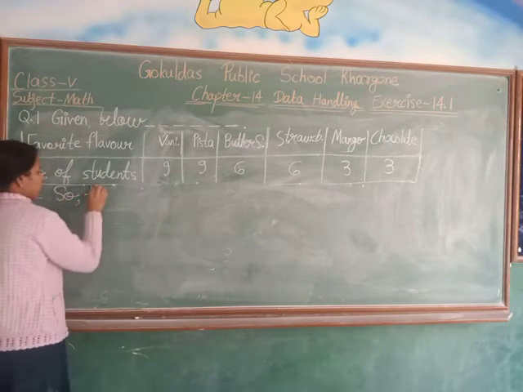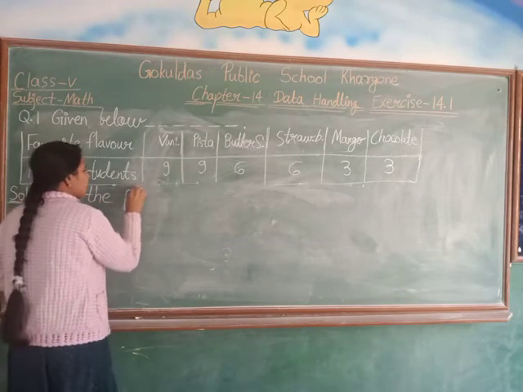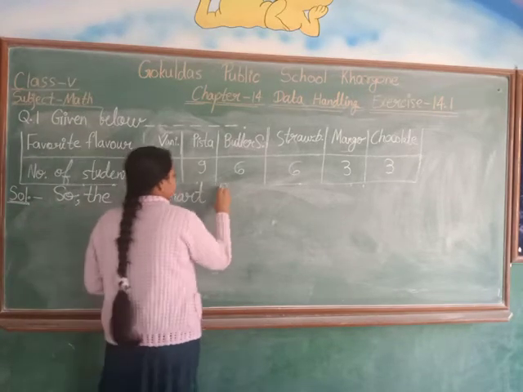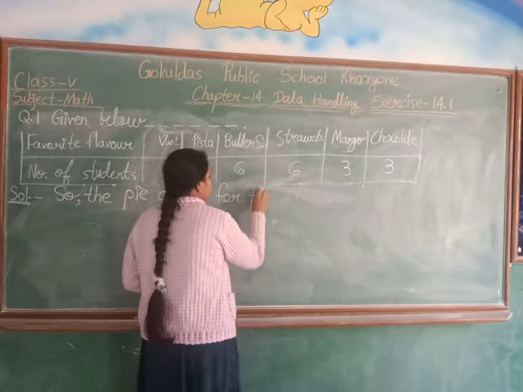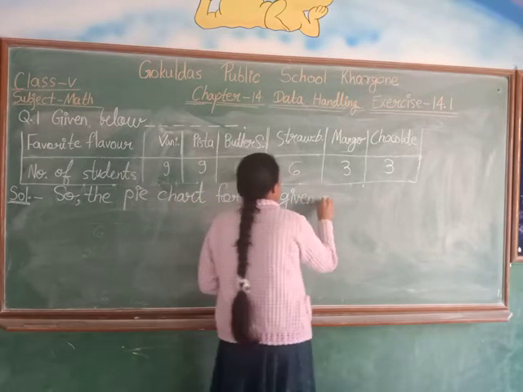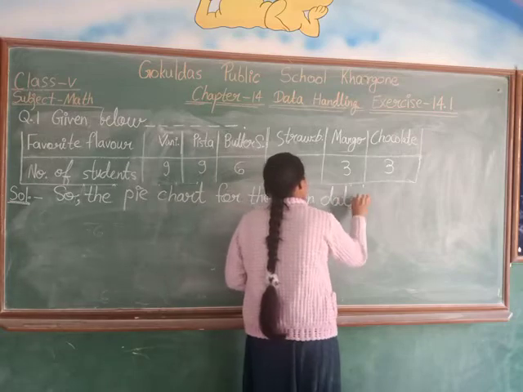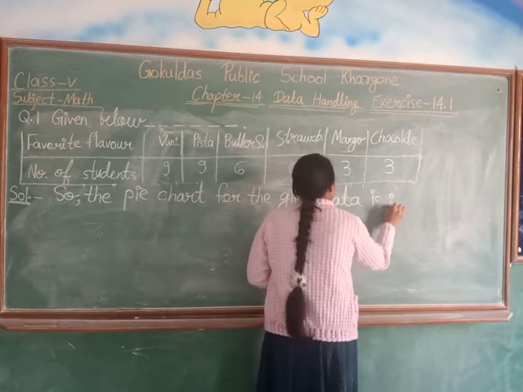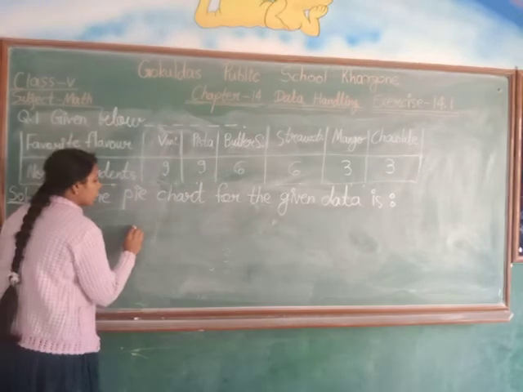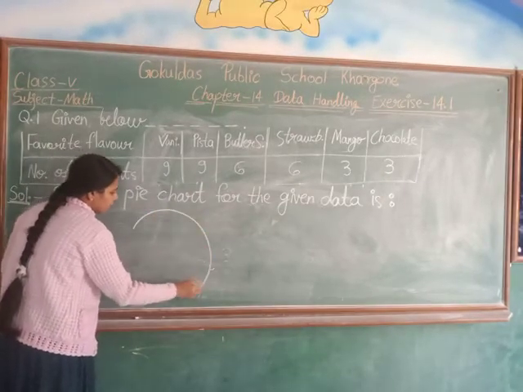So the pie chart for the given data is, and draw a proper circle.